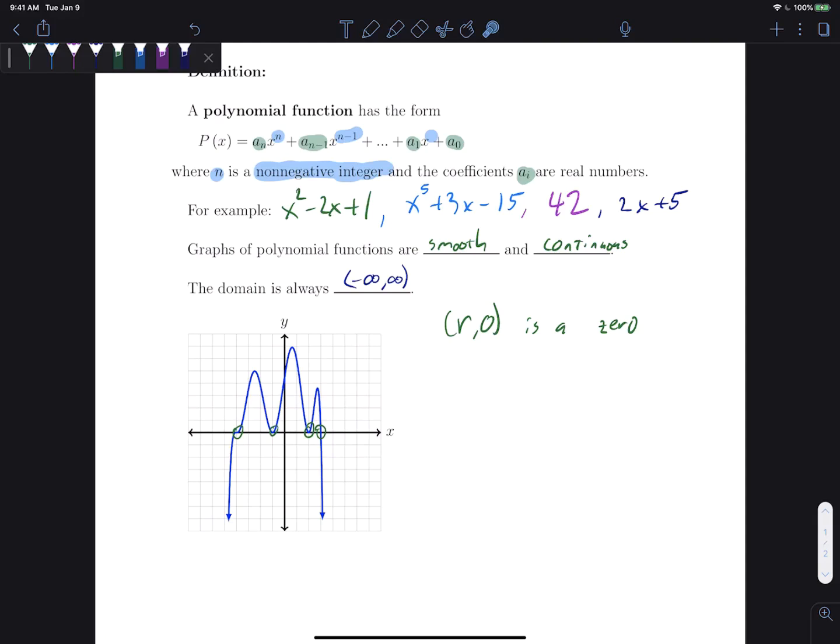So all of these, if you were to write these down in coordinate form, these are the zeros of the function. Now, r is a 0, meaning the coordinate r comma 0. This also has another name called roots.